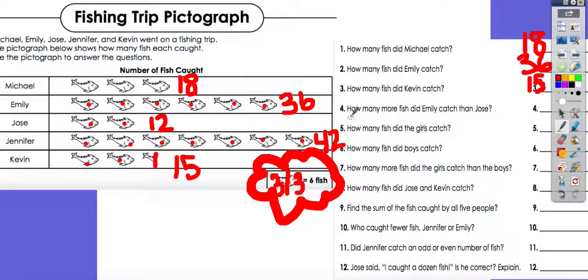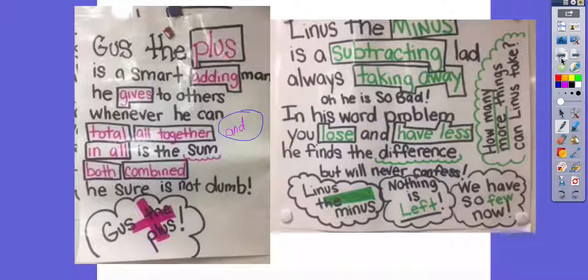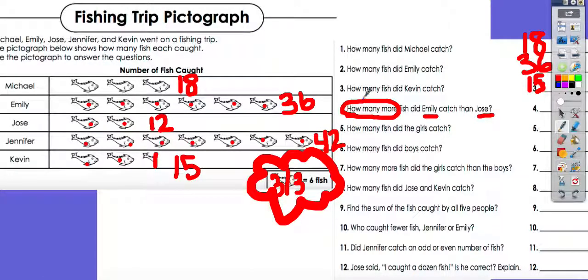How many more fish did Emily catch than Jose? So how many more is that, guess the plus or minus the minus? Do you guys remember? How many more? Minus the minus. So there's my subtraction.